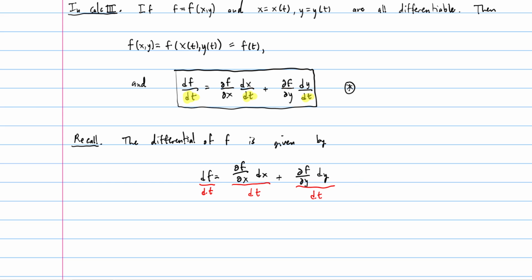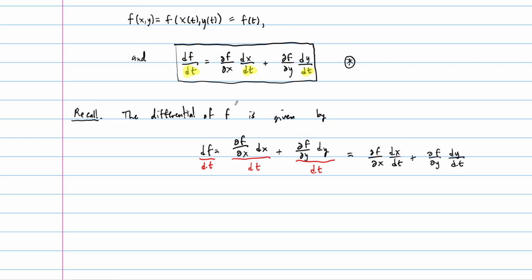So this equals exactly what we've got written up above: df by dx partial derivative times dx by dt regular derivative plus df by dy partial derivative times dy by dt regular derivative.